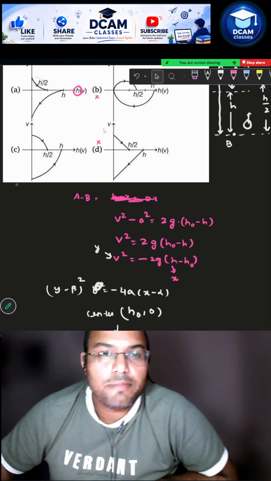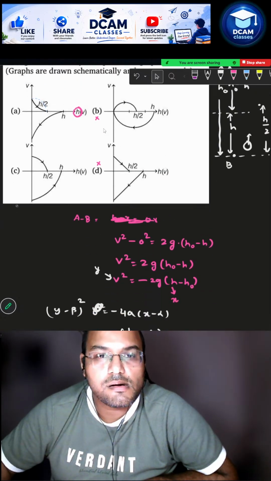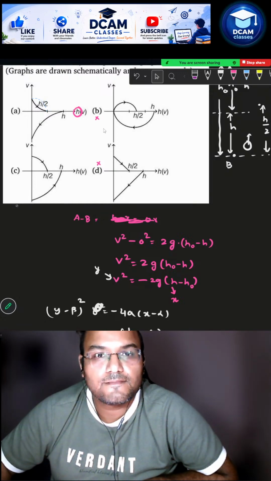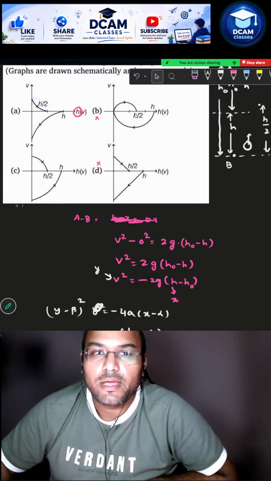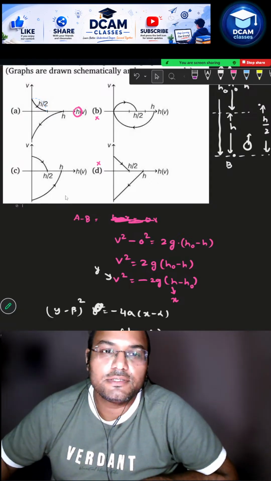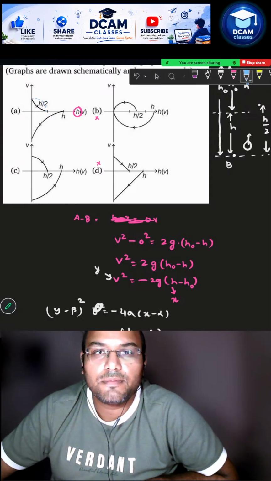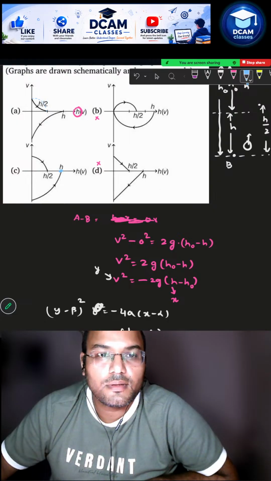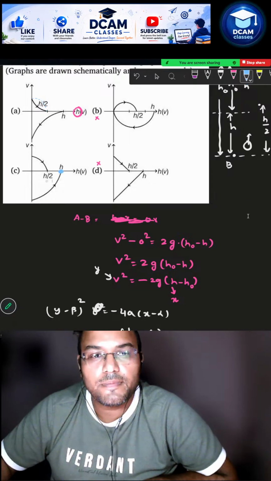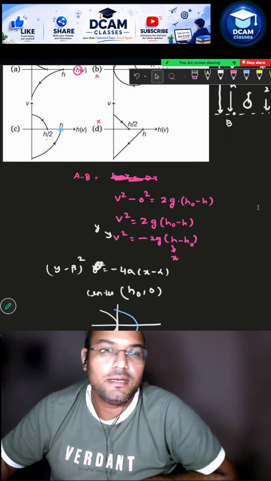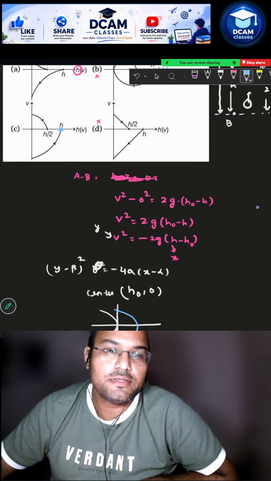But it's not matching actually. At height h, its velocity was 0, so it should start from here. Then why have they taken the reverse direction?